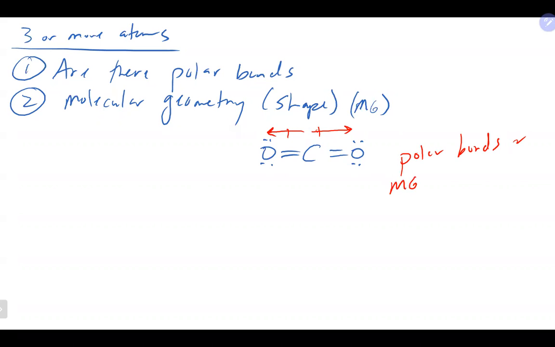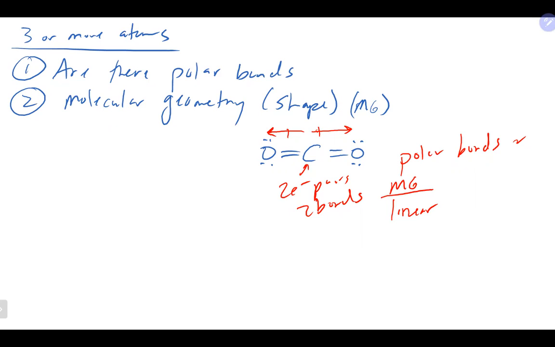So the molecular geometry here is, this guy has 2 electron pairs and 2 bonds. Something with 2 electron pairs and 2 bonds, the geometry is linear, right? So what we have in this particular case is a linear geometry like my pen. We have oxygen pulling to the right. We have oxygen pulling to the left.